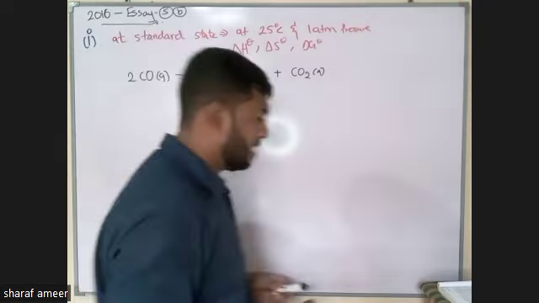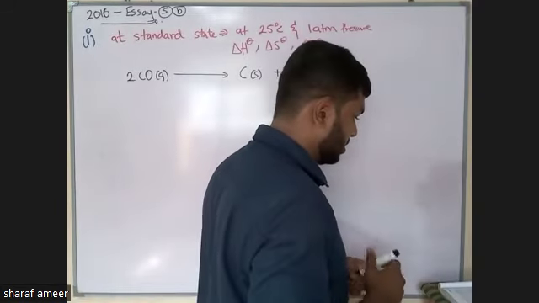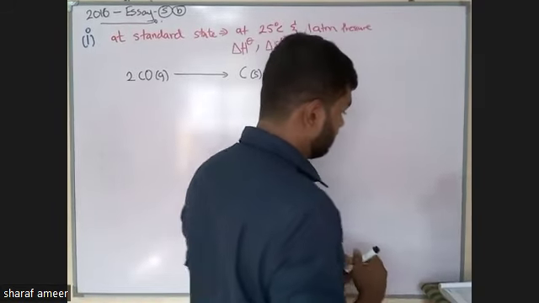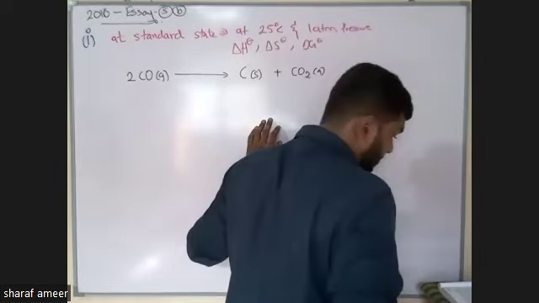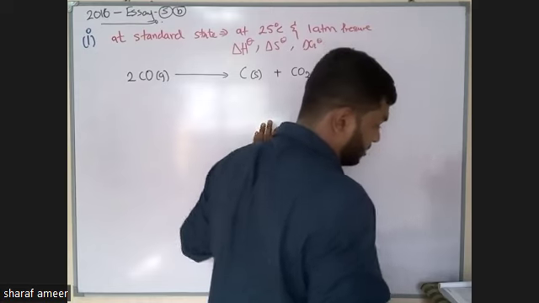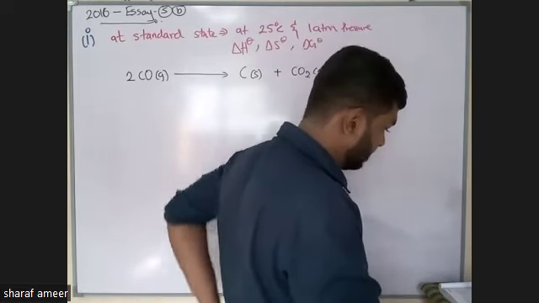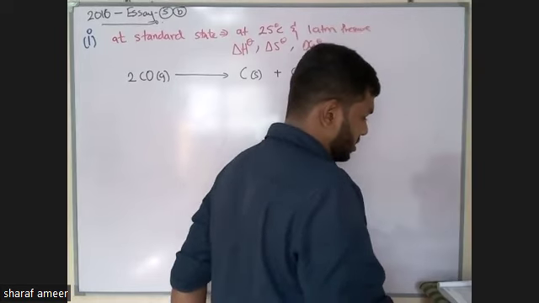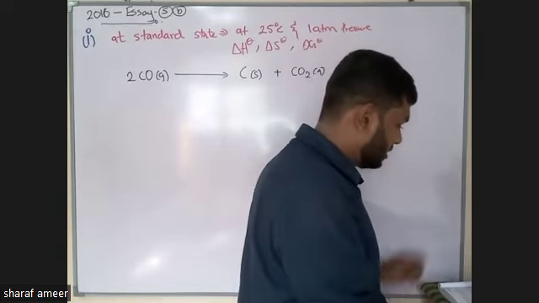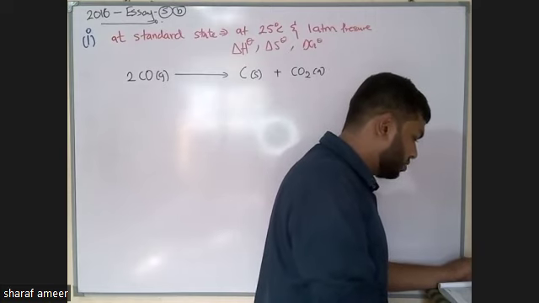Now they have given carbon solid reacted with H2O gas to give carbon monoxide gas with H2 gas here, and CO2 plus H2 gas gives carbon monoxide with H2O gas here.